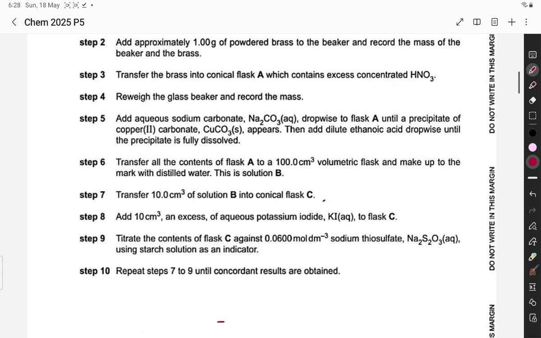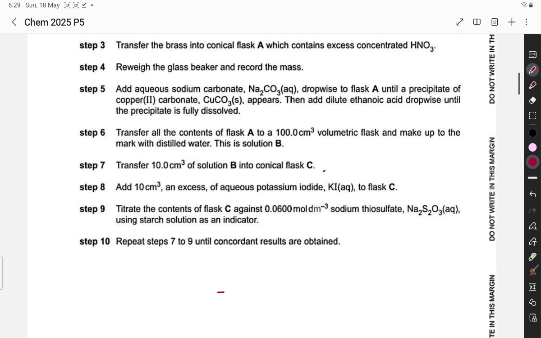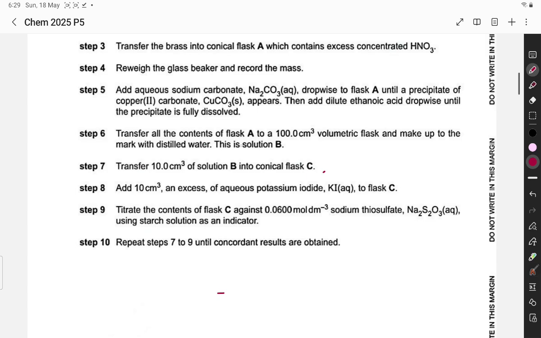Step 5: add sodium carbonate dropwise to flask A until a precipitate of copper(II) carbonate appears. Step 6: then add dilute ethanoic acid dropwise until the precipitate is fully dissolved. Transfer the contents of flask A to a 100 cm³ volumetric flask and make up to the mark with distilled water. This is solution B.